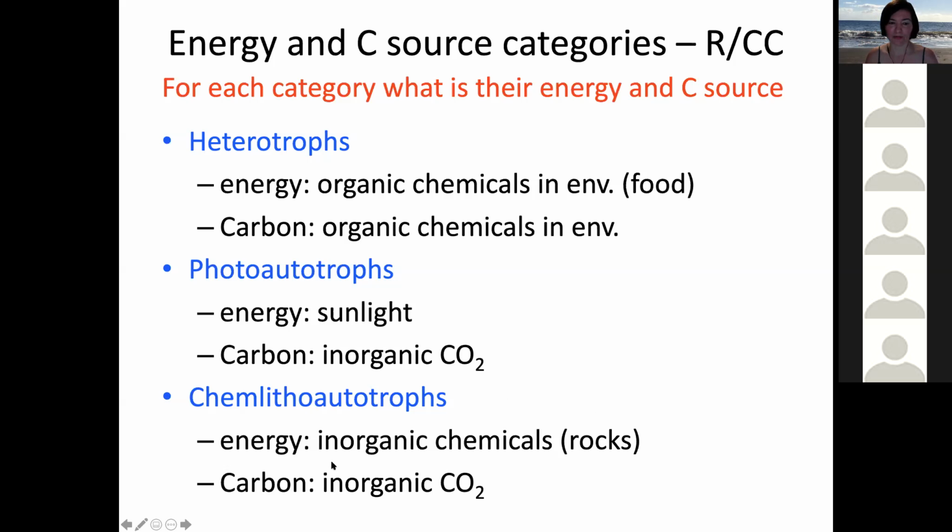And their carbon comes from the same place as the photoautotrophs. They're still going to use carbon dioxide from the air and put it together into these more complex organic compounds that have larger carbon backbones like sugar and amino acids and fatty acids. But the energy that they need to do that process of creating sugar does not come from sunlight. It comes from electrons in these inorganic chemicals.